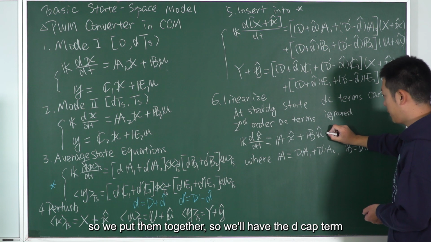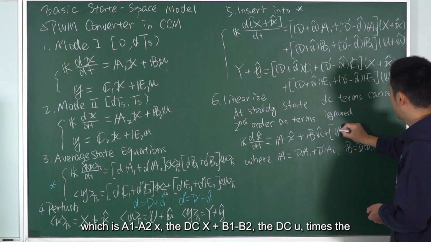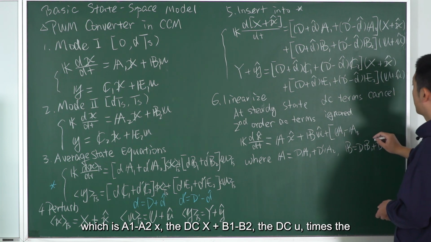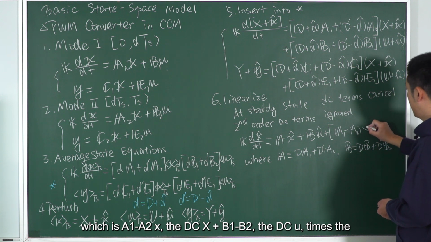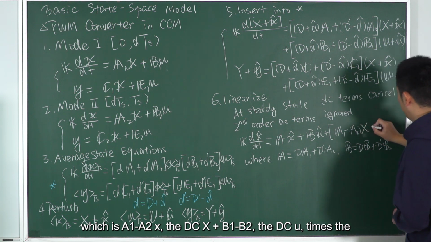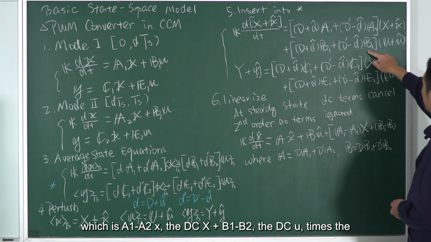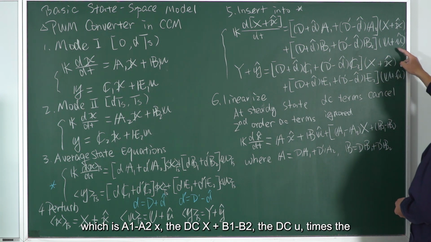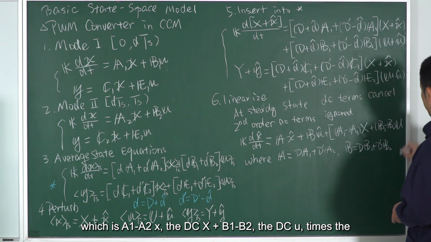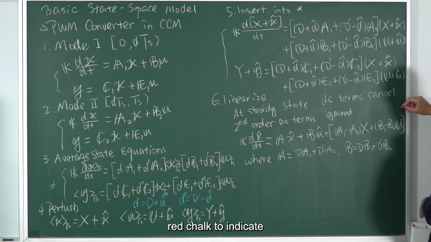So we'll have the D cap term, which is A1 minus A2 times x, the dcx, plus B1 minus B2, the dcu, times, let me use the red chalk to indicate, times D cap.